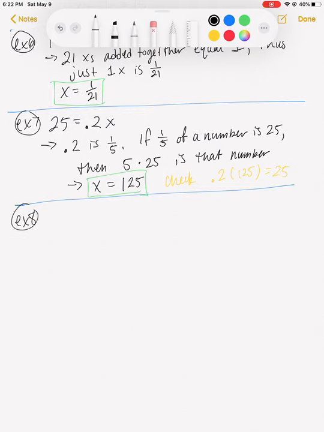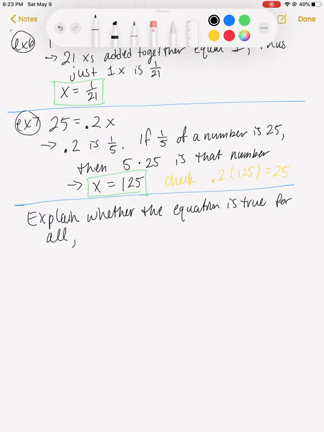Example number 8. Okay, example number 8 starts our new section. So there's a few homework problems at the end where we want to explain whether the equation is true for all, some, or no values of x.